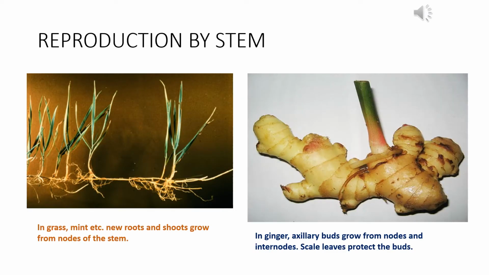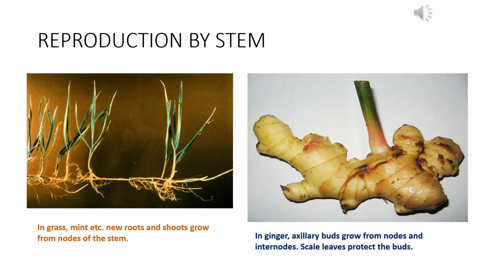First, we are concerned with reproduction or vegetative propagation by stem. In which plants is it observed? In the case of grass and ginger, reproduction by stem can be observed. In the case of grass and mint, new roots and shoots grow from the nodes of the stem.